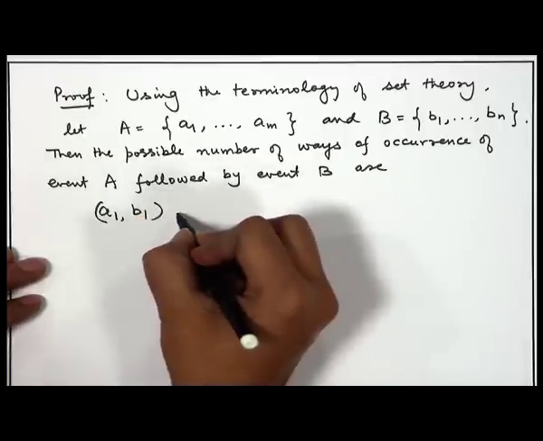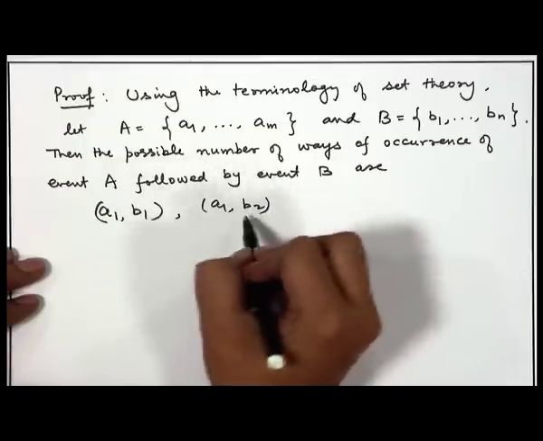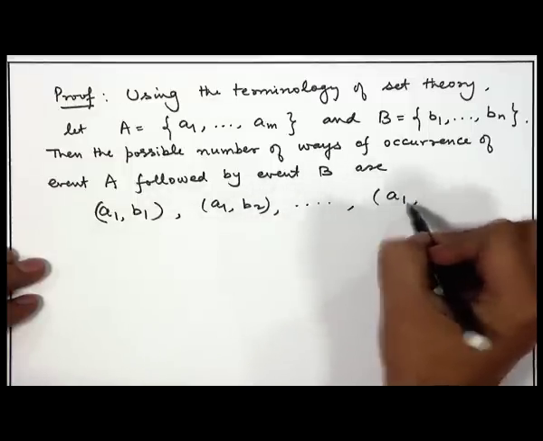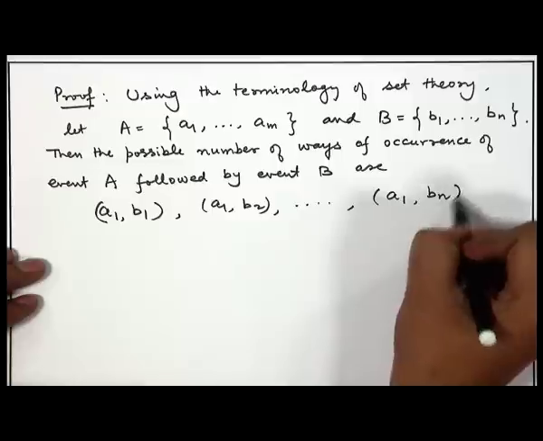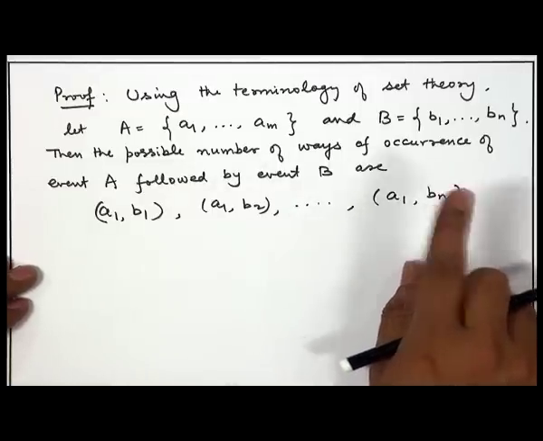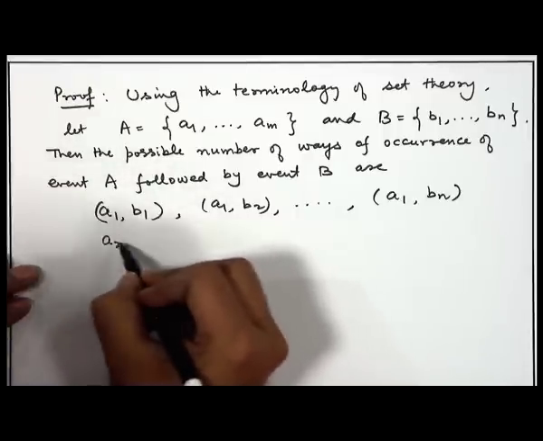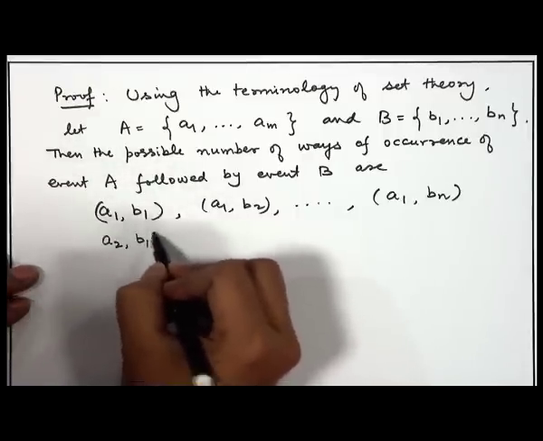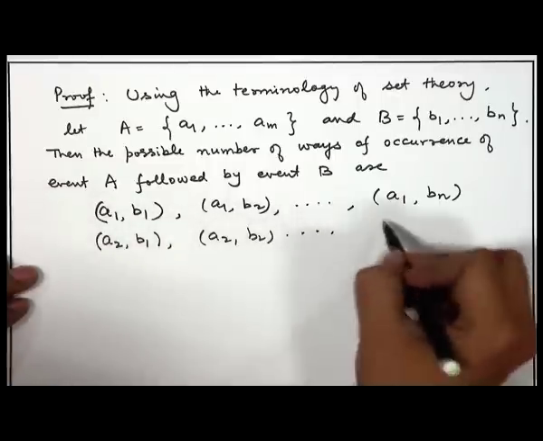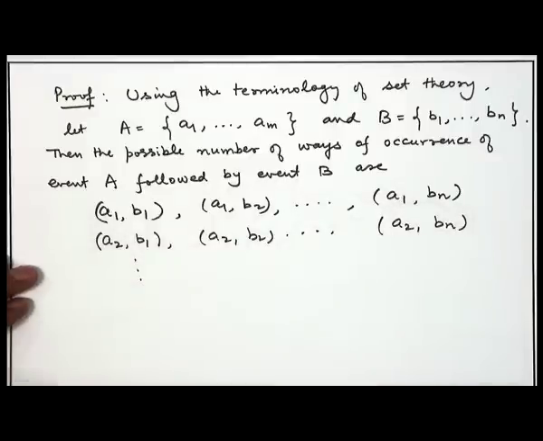Now, you can consider other options. Here it can be the first flight and here it can be the second flight and so on. Here it is say first flight and here it is some other method. For example, it could be by a ship also. And then you can have the second flight from Delhi to Mumbai, then a2 b1, a2 b2 and so on, a2 bn and so on.